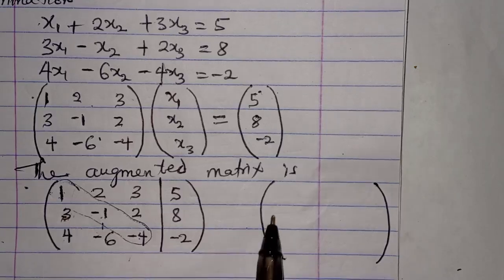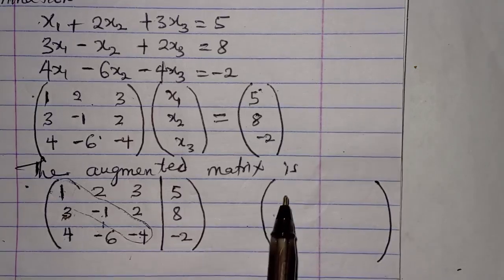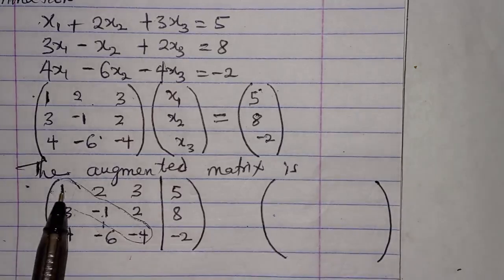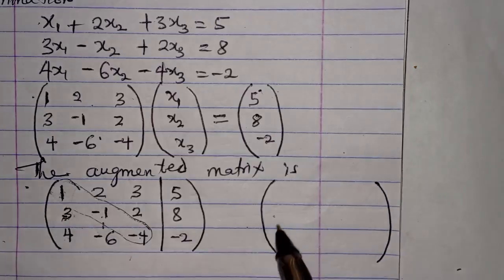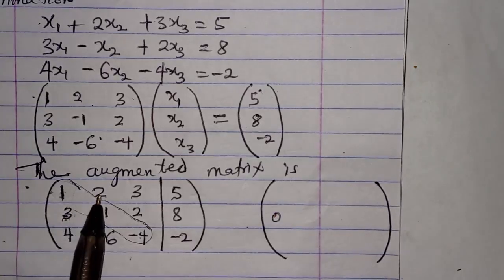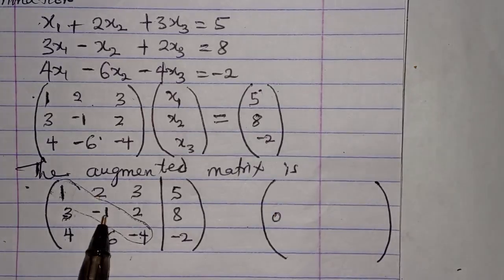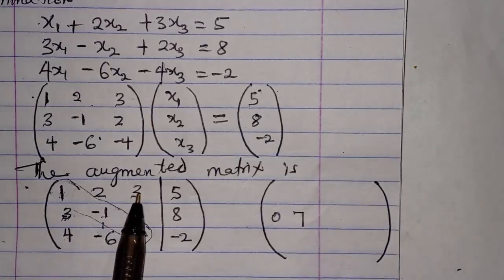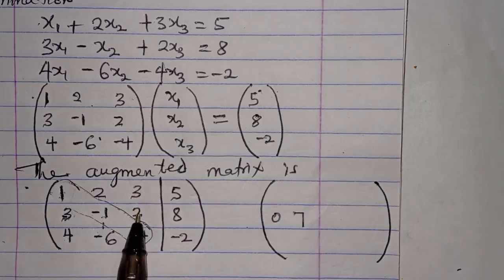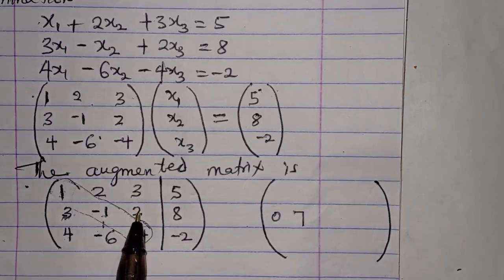What I get, I'll place in row 2. If I multiply this by 3, 3 minus 3 is 0. I'll put 0 here. Multiply this by 3: 3 times 2 is 6, right? 6 minus minus 1, that's 6 plus 1, that will give me 7. Multiply this by 3, that's 9. 9 minus 2 is 7, right?